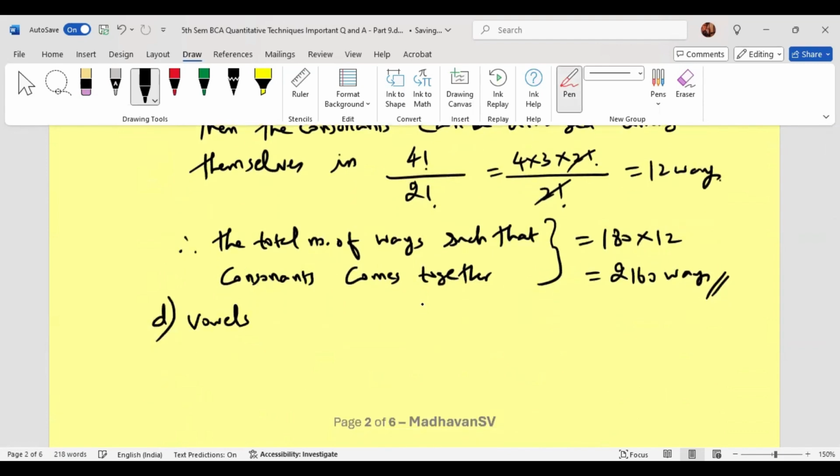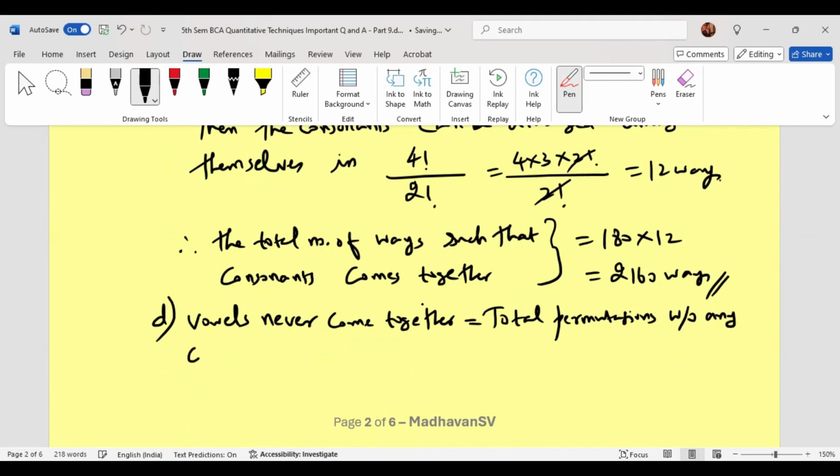Vowels never come together is nothing but total permutations without any condition, minus permutations when vowels come together.